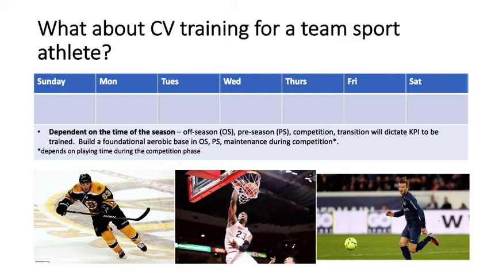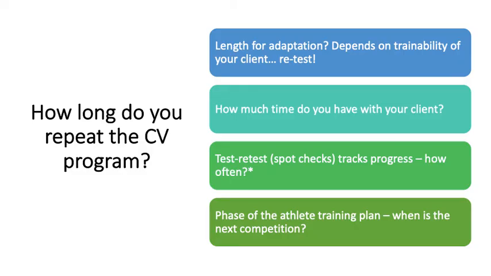So if you didn't get 10 minutes of playing time, you had to hit the gym and do a conditioning workout after, because you're actually not getting the stimulus to maintain your fitness, your strength and conditioning piece. And so you would actually lose quite a bit of fitness over the season if it continued that way.